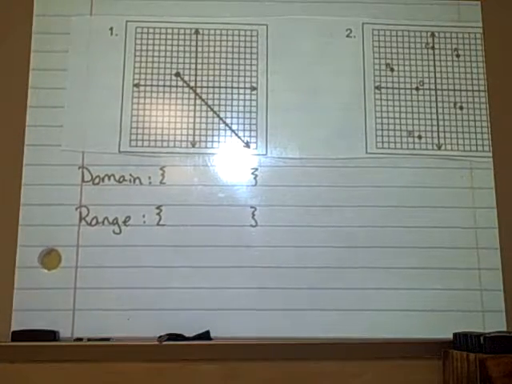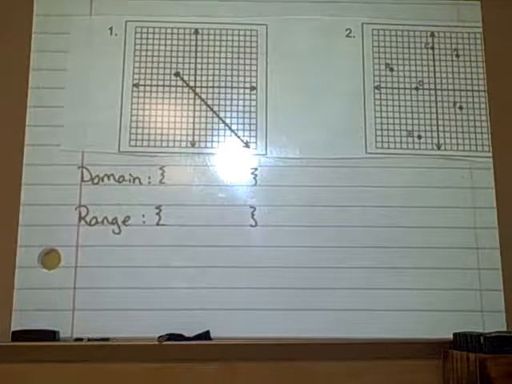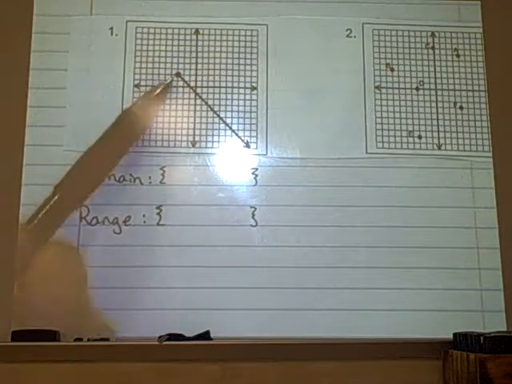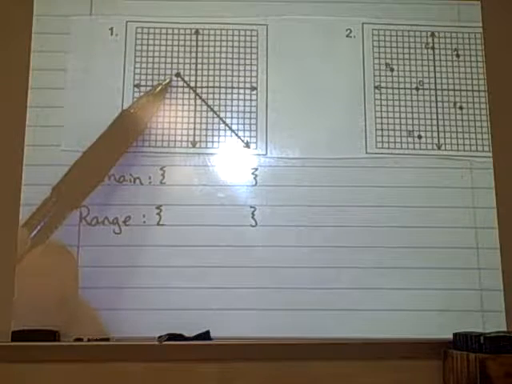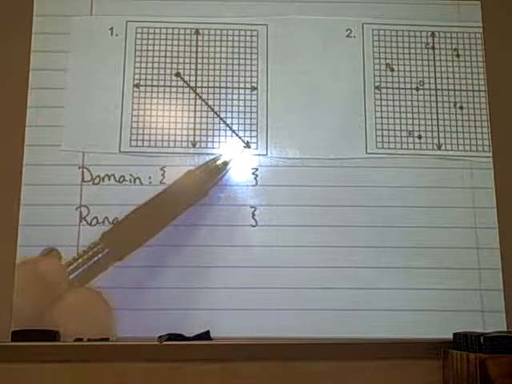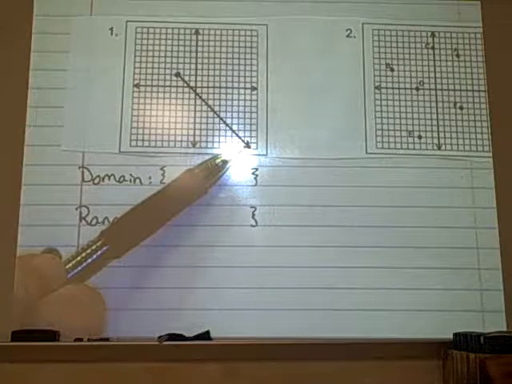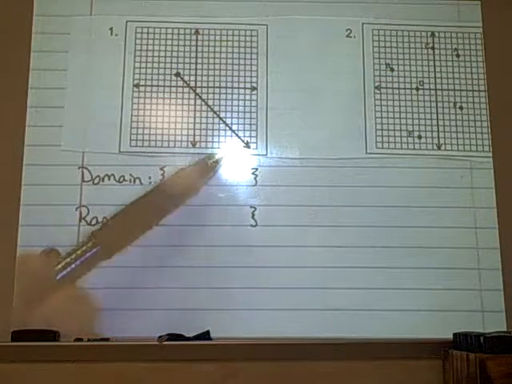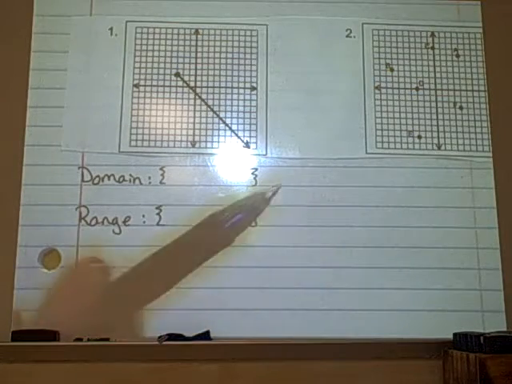All right, so in order to figure this out, what you need to know is, where does the x start? Where does the y start? Does the x end or the y end? Well, obviously this has one dot, so it has a starting point. Does it have an ending point? No, because it has an arrow right there that says it goes on forever. Forever means no ending point.